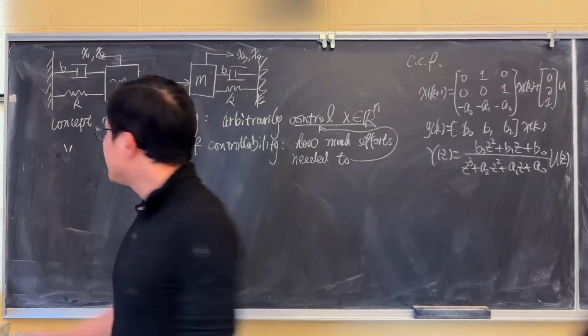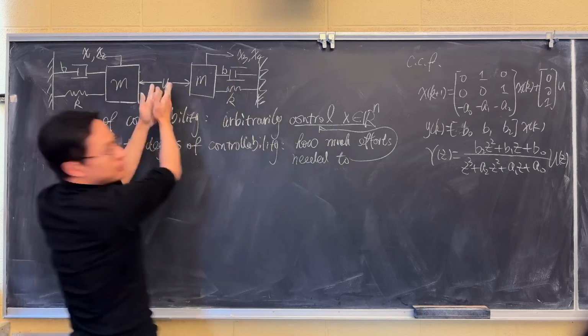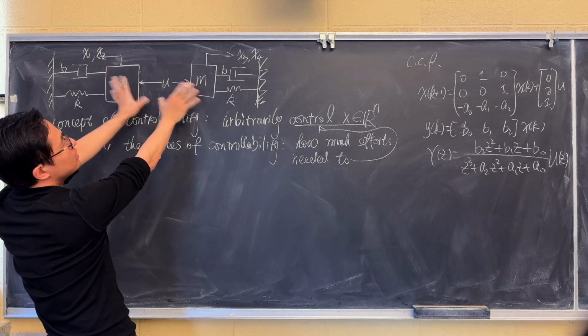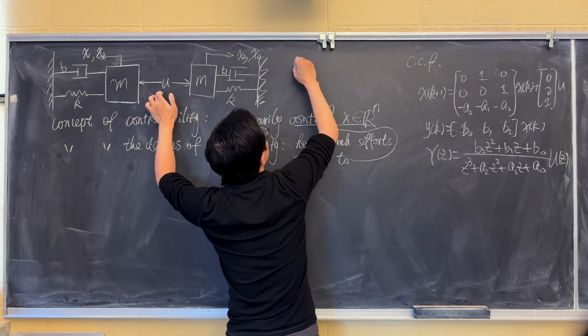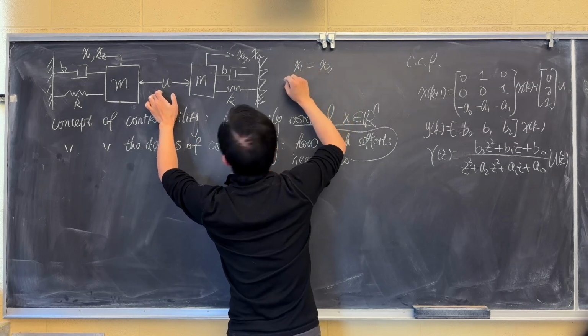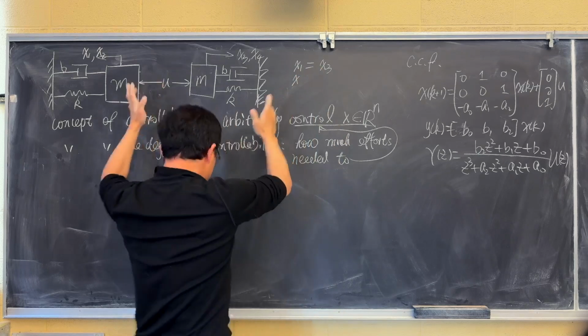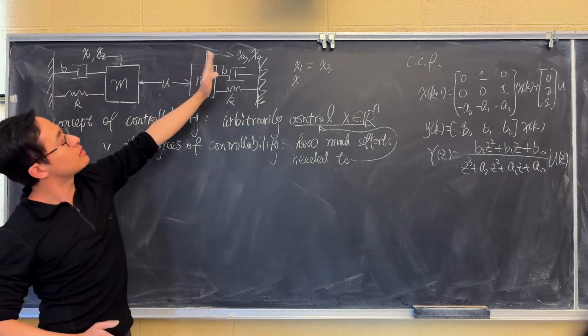The system here is uncontrollable because of the symmetric design. If you apply the same force to the mass on both sides, it's symmetric. So you will always have x1 to be the same, the position of these two masses to be the same, if you define the directions. I define the direction of x1 to be to the left and x3 to be to the right.